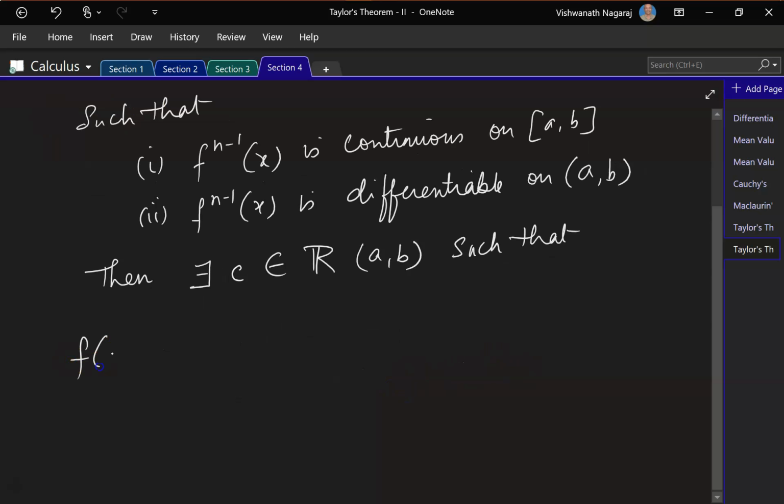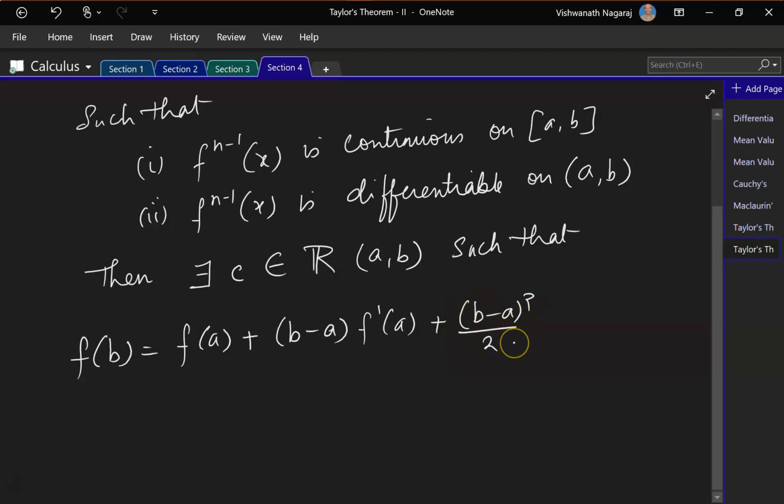such that f of b is equal to f of a. That means you can reach f of b by going through these terms, plus b minus a times f prime of a, plus b minus a squared by 2 factorial times the second derivative, plus the nth term would be b minus a to the power of n minus 1.